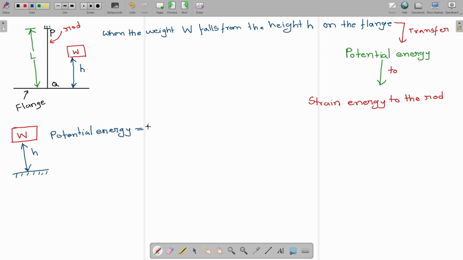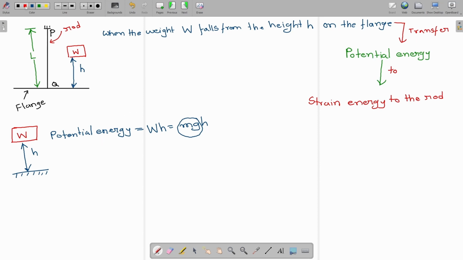It is given by WH, but W is nothing but the mass into acceleration due to gravity. W is given by mass into g, which is the acceleration due to gravity, into height H through which it falls.